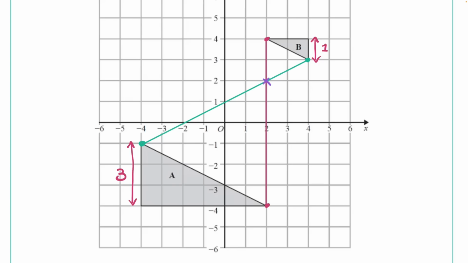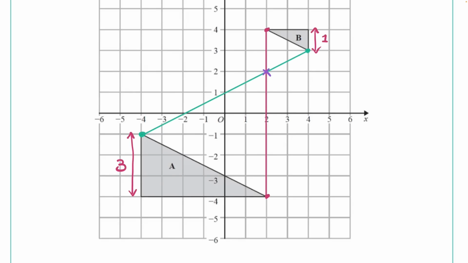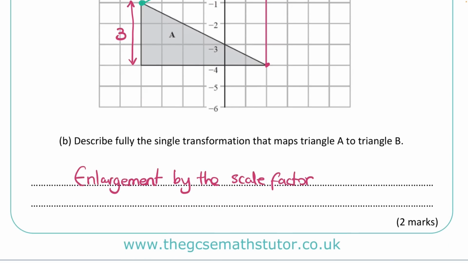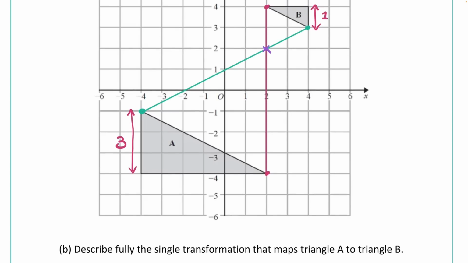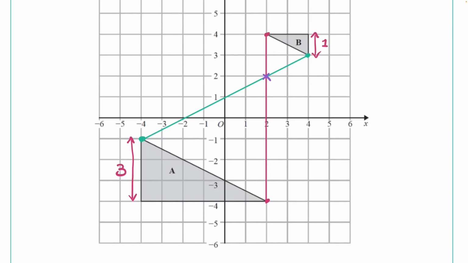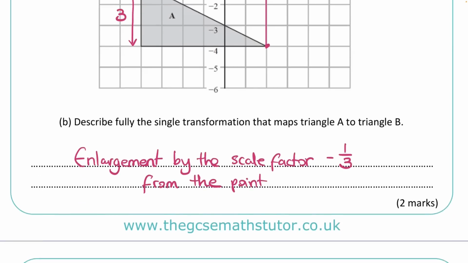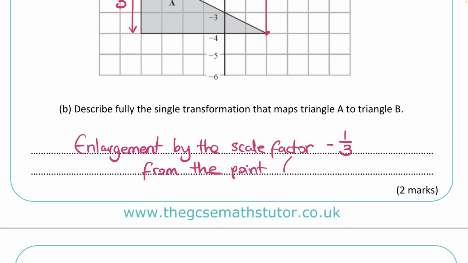Now because it's a negative enlargement, that means it's going to be minus 1/3. So enlargement by the scale factor minus 1/3, and then we're going to say from the point, or the centre of enlargement. You can say from the centre of enlargement or any phraseology like that, but this coordinate here is the coordinate 2, 2. So that would be from the point 2, 2.